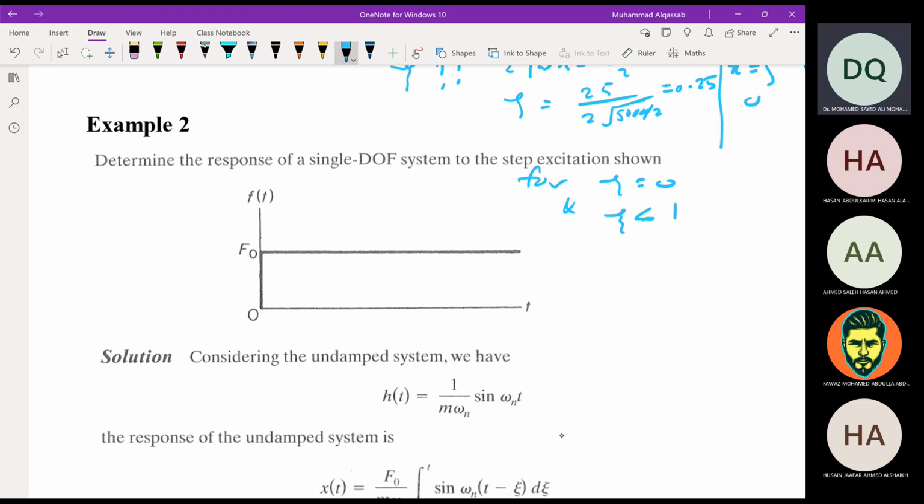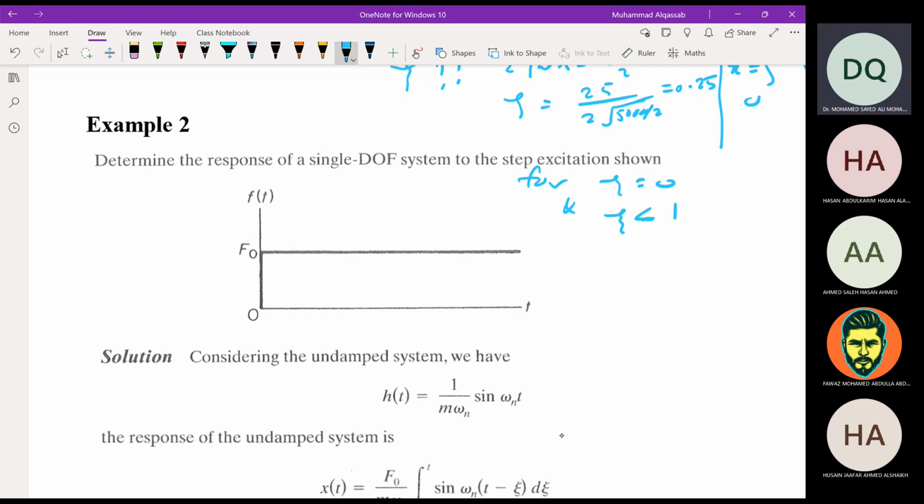Here we write the equation of motion in terms of the relative displacement. Originally, you can refer to chapter 3. We have m x double dot equal to minus k times (x minus y) minus c times (x dot minus y dot). Then you introduce z equal to x minus y, and you can write the differential equation in terms of z.